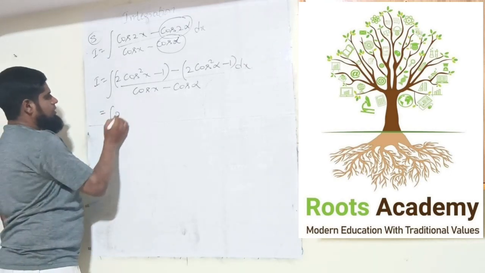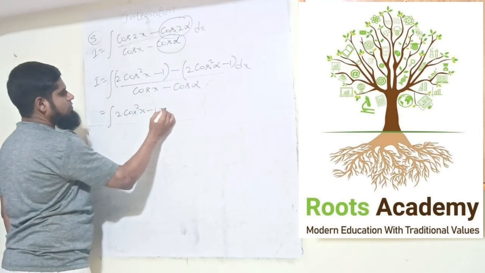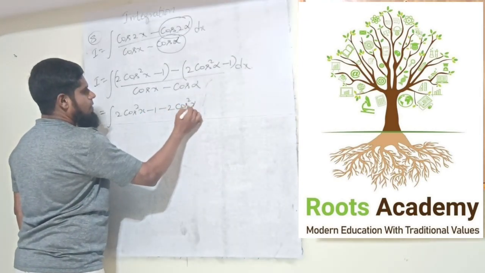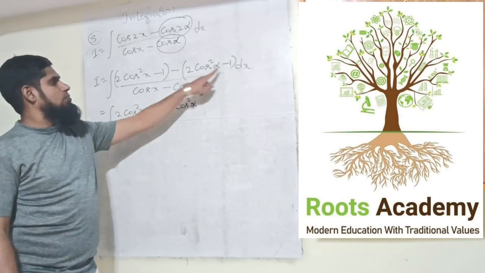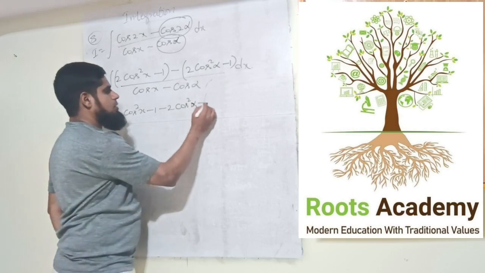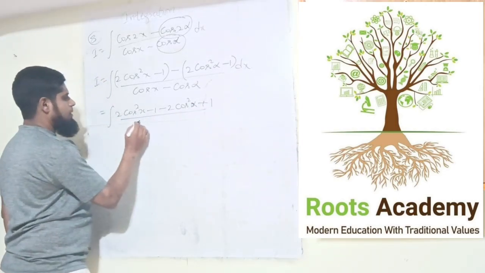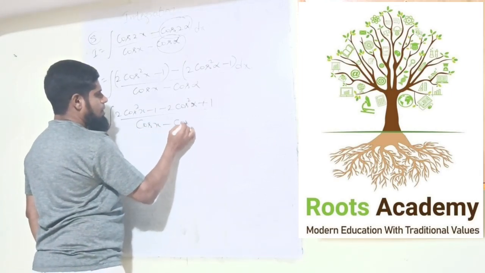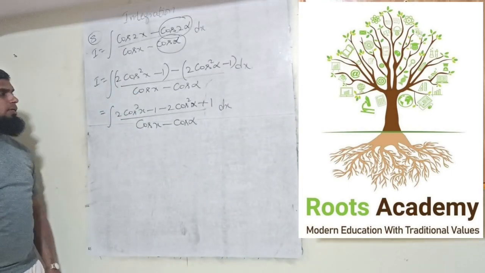So this is equals to integral of 2 cos square x minus 1 minus 2 cos square alpha minus into minus plus 1 divided by cos x minus cos alpha into dx.